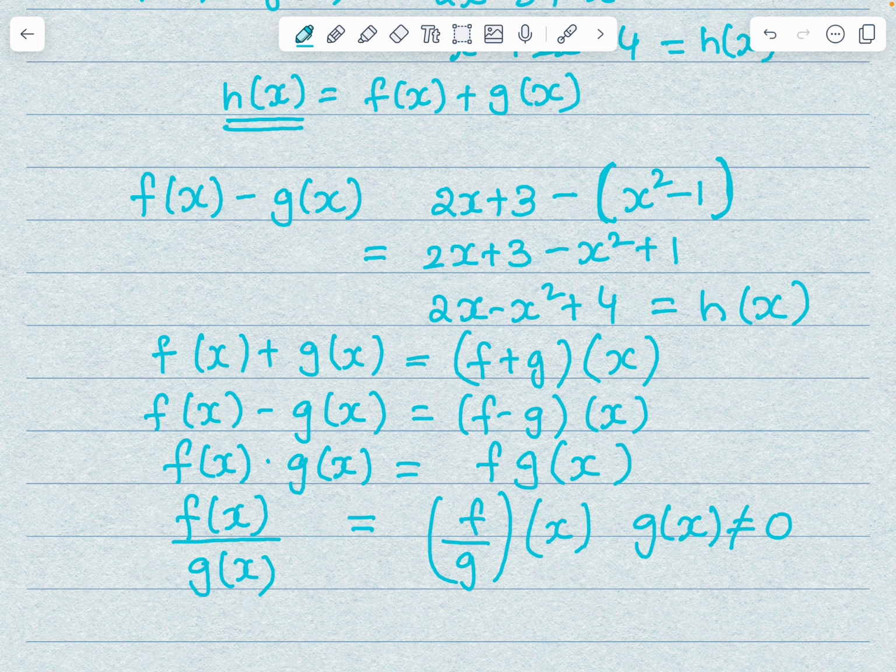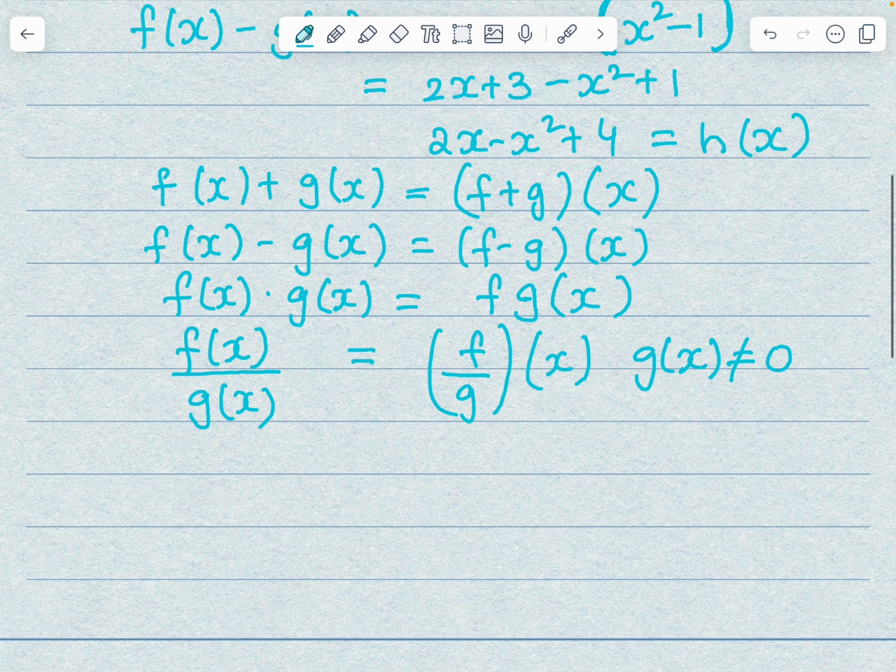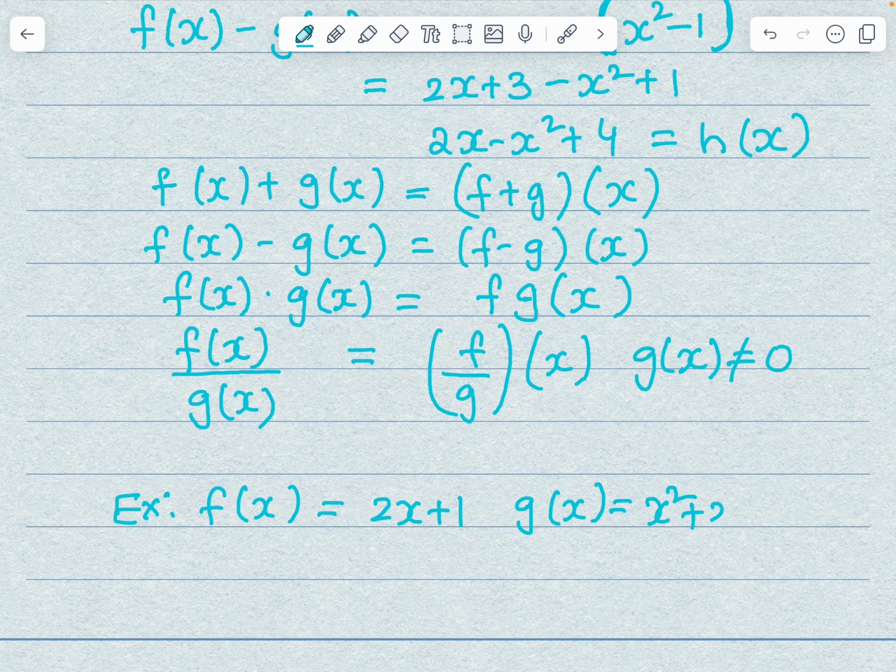If you were asked to find, given two functions, let's do an example here. I have a function f of x is equal to 2x plus 1 and g of x is equal to x squared plus 2x minus 1. And I am asked what is f plus g of x.